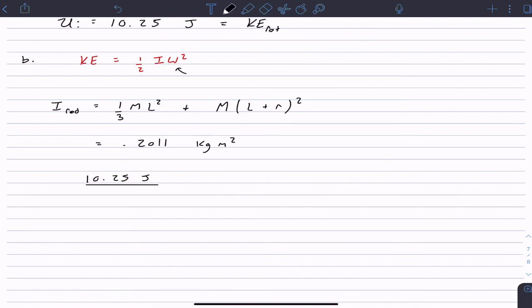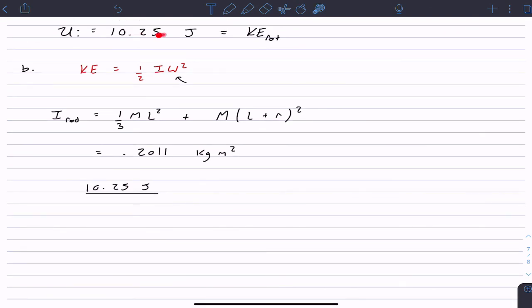So I take this value here, divide by 0.2011, multiply by 2, and then take the square root of all of that. That gives me 10.09 radians per second.